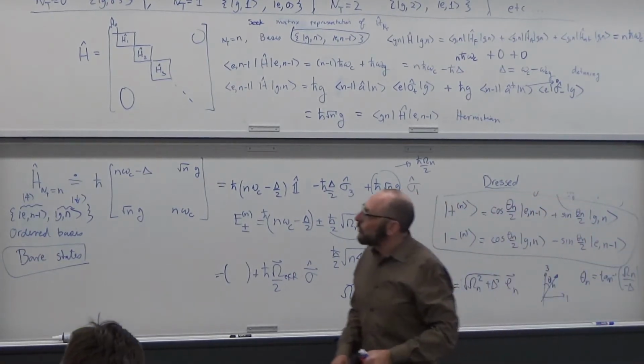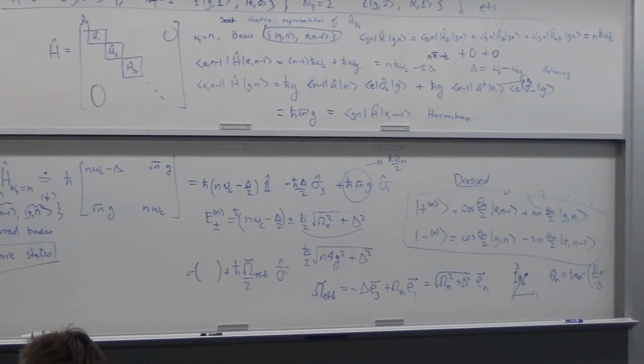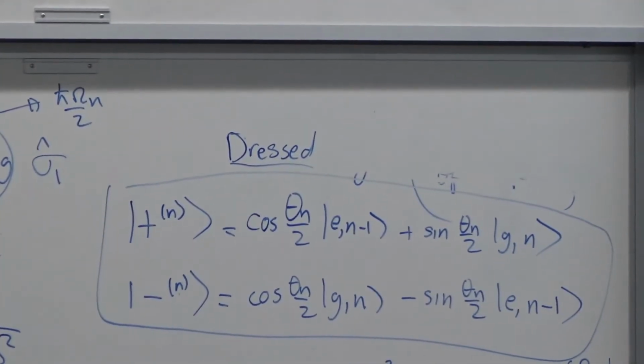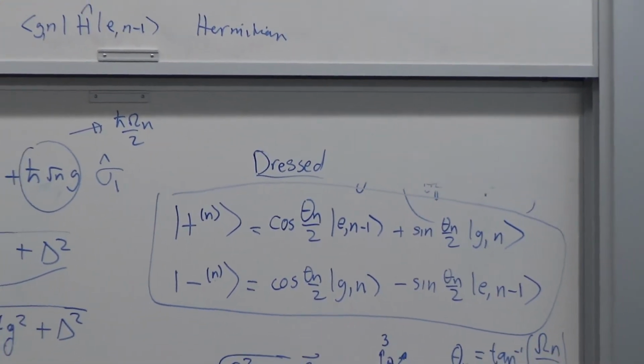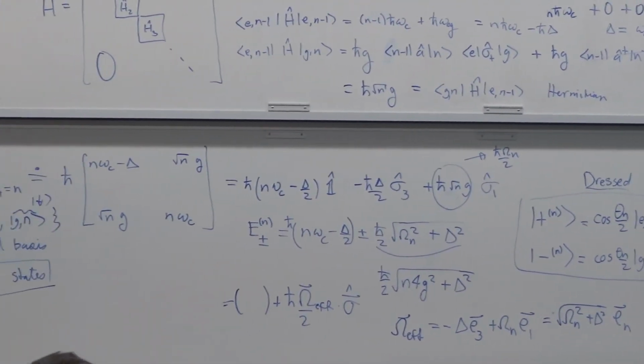So let's look at the spectrum. All right. What we're going to write down is what is commonly known as the Jaynes-Cummings ladder.